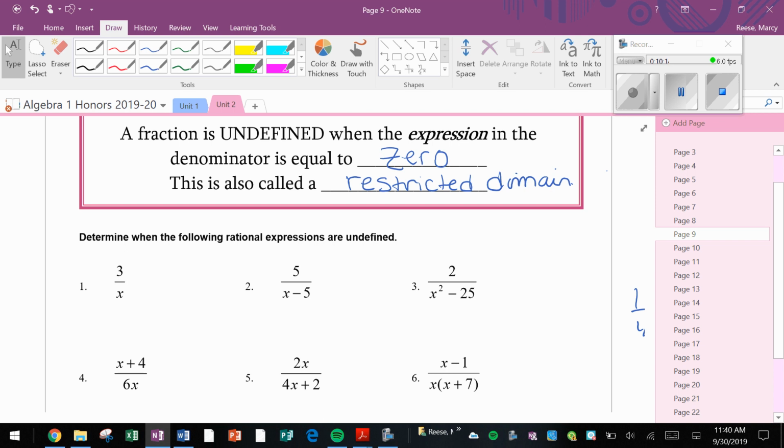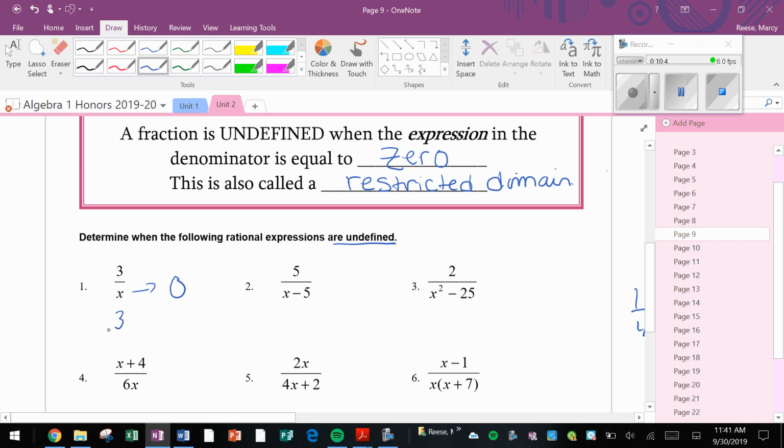So if I look at number 1 and I say determine when the following rational expressions are undefined, I want to know what x value will make it undefined. What would the x be in order for me to have a 0 on the bottom? You're just going to say, well, x will have to be 0 then, right?